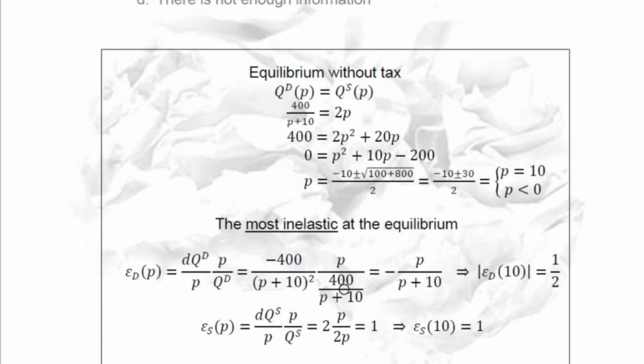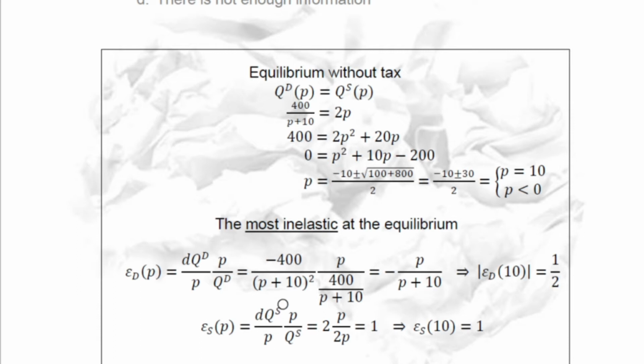You may leave it as q, it's easier in fact, but I want to remind you that if I am asked for the price elasticity of demand function, I should leave it as a function of p. Then if I simplify 400 with this square and this p plus 10, the elasticity function is this one. Now with p equal to 10, we have minus 10 divided by 20, so minus 1/2, or in absolute value 1/2.